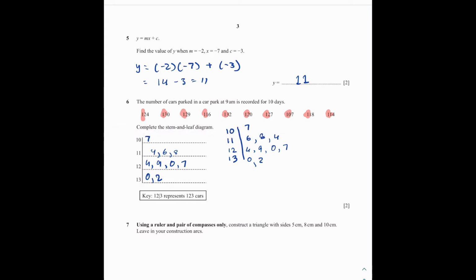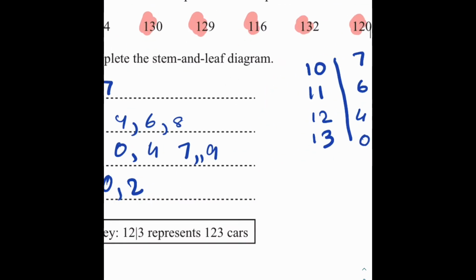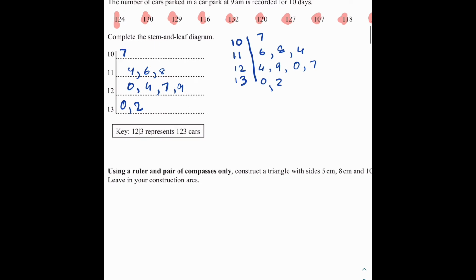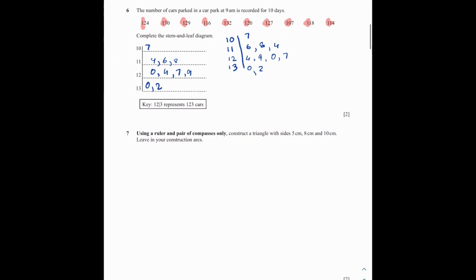It's only recently been introduced, so let's rearrange this. 0 comes here, then comes 4, then comes 7, and then comes 9. Okay, and 0 and 2. Okay, make sure it's in order. Just be wary of that.